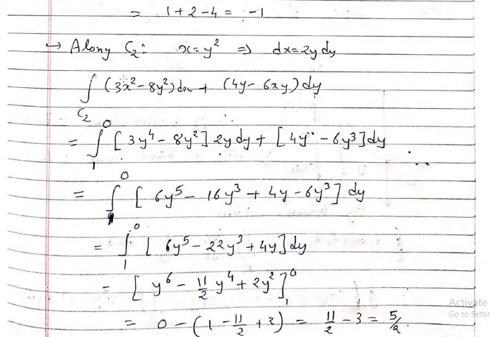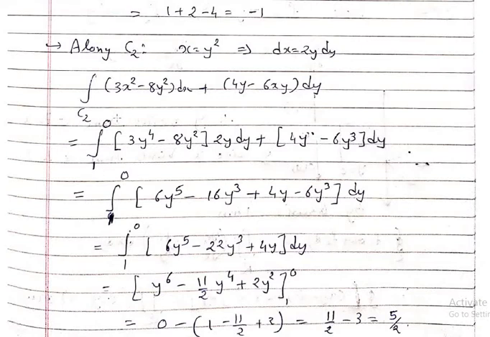Here you have x is equal to y square, so y square the whole square, that is y raised to 4. Dx is equal to 2y dy. X is equal to y square, and that's why we have 3y raised to 4 minus 8y square into 2y dy plus 4y minus 6y cube dy.